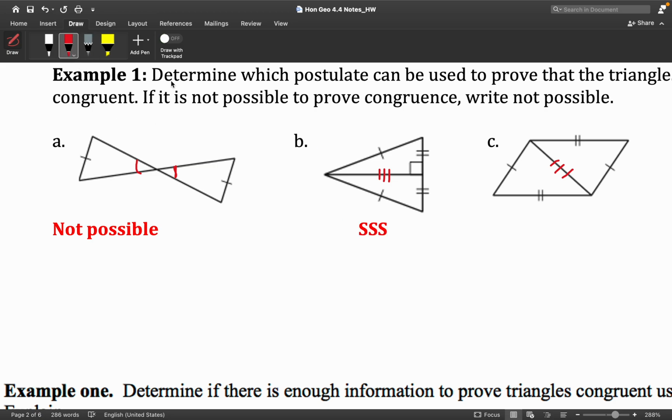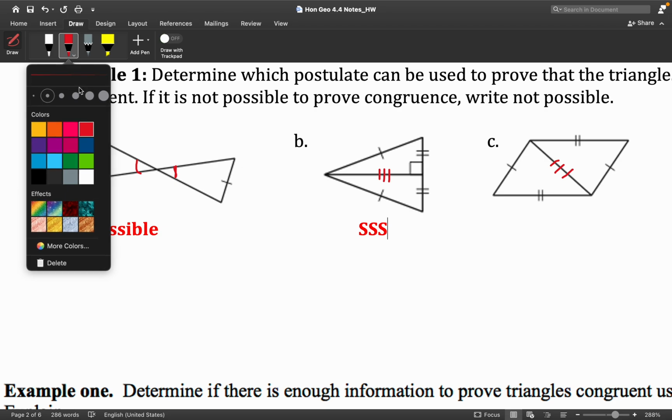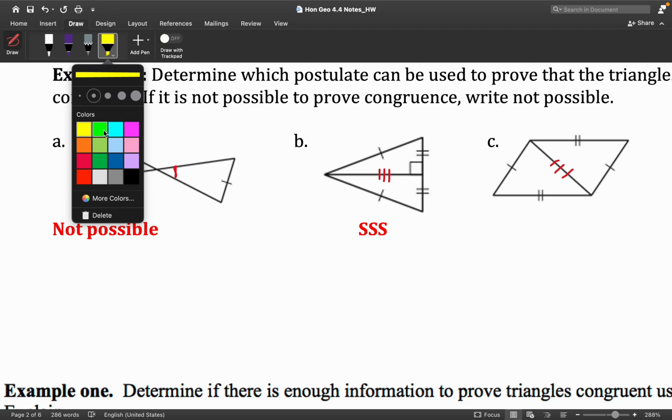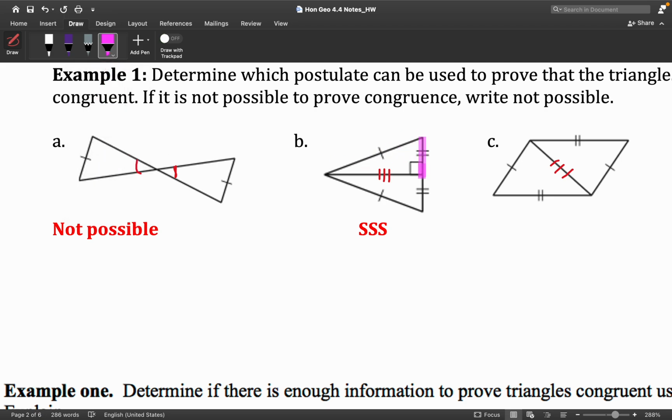I could also say that this is side, angle, side, because if we look at our triangle here, I have a side and a side with a right angle in between them, right here.